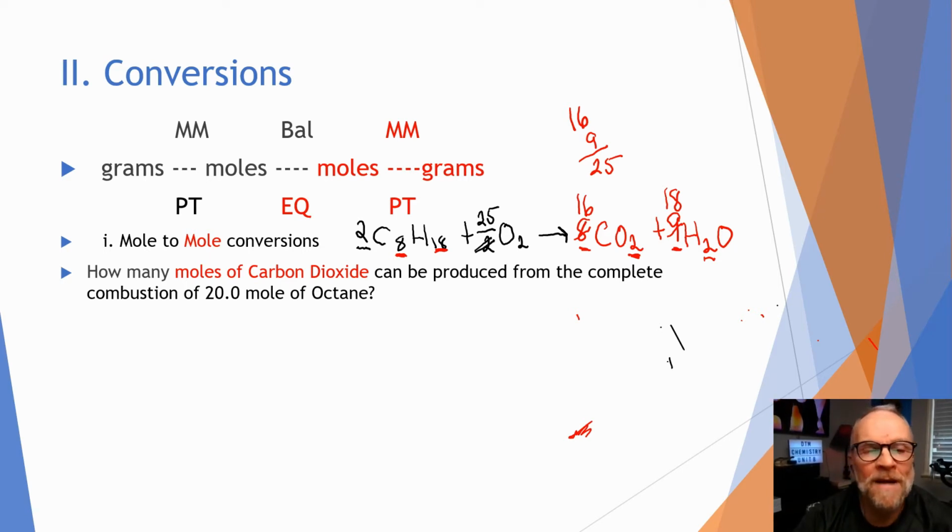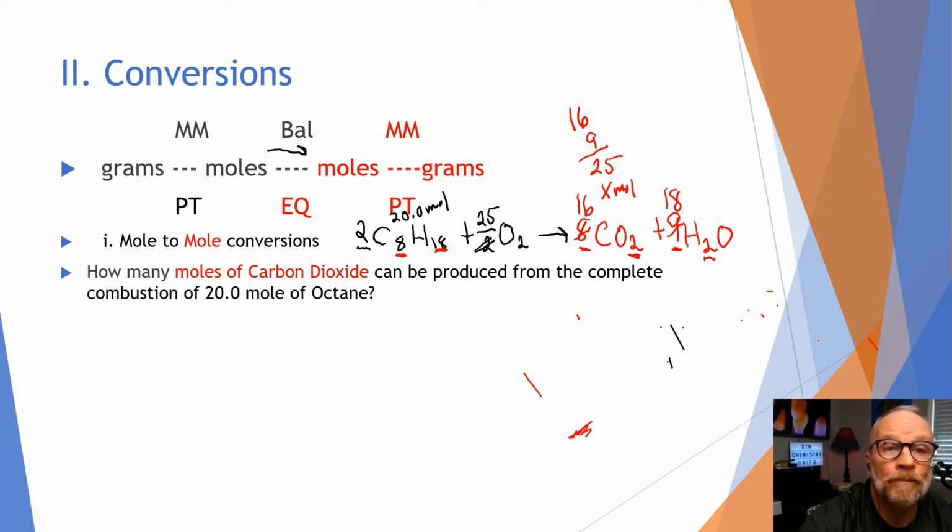All right, so now we know we're solving for moles of carbon dioxide, and we're given 20 moles of octane. I always like to write it above my chemical symbols to kind of keep me straight so I don't grab the wrong coefficient when I'm going from moles of one thing to moles of the other. And it's a moles to moles type of problem. So for moles to moles, we only have one step or one conversion.